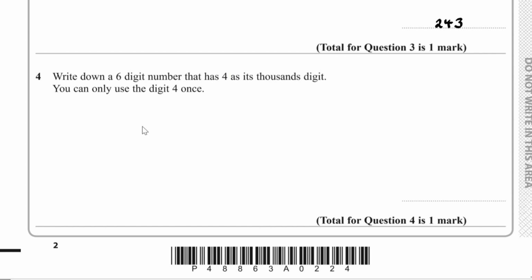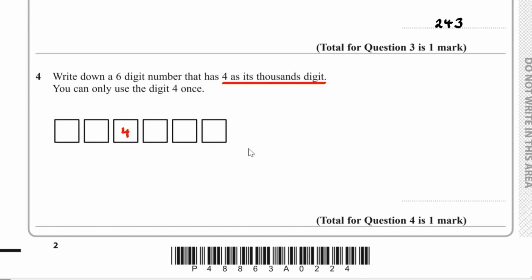Question number 4, we have to write down a 6-digit number that has 4 as its thousands digit. You can only use the digit 4 once. So if it has 4 as its thousands digit, here is a 6-digit number. 4 is in the thousands column, and with the rest we can fill in any number apart from 4 because we can only use the 4 once.